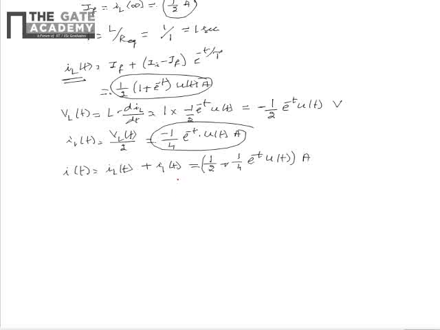From this we see that the required current I of t can be written as half plus 1 by 4 times e power minus t u of t. Hence the correct option which represents the correct expression for I of t is B.